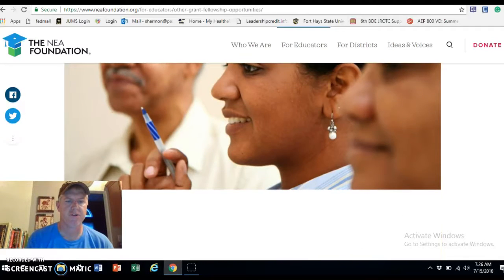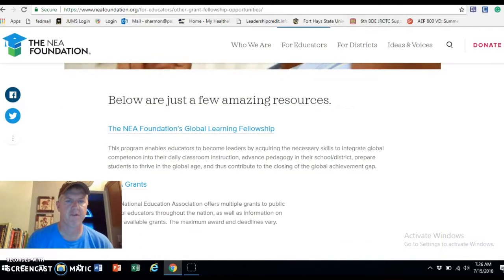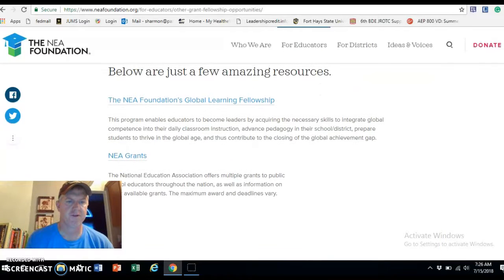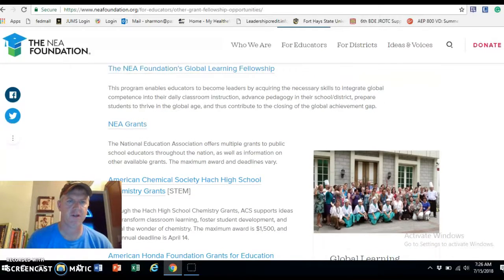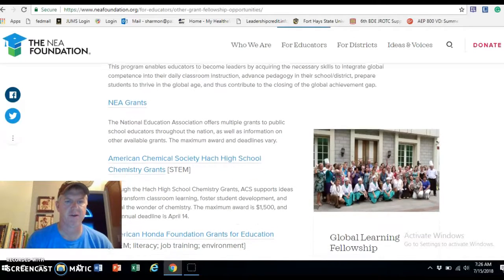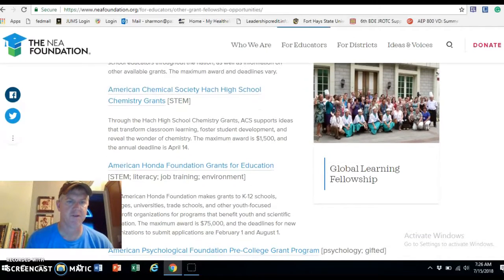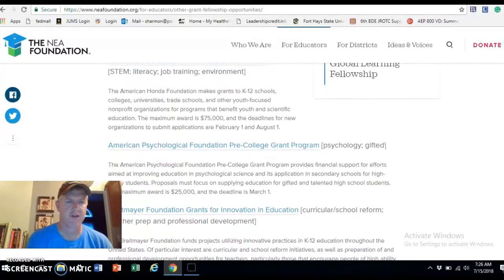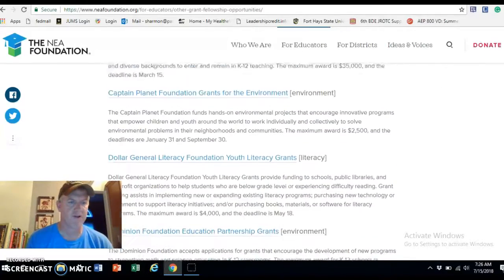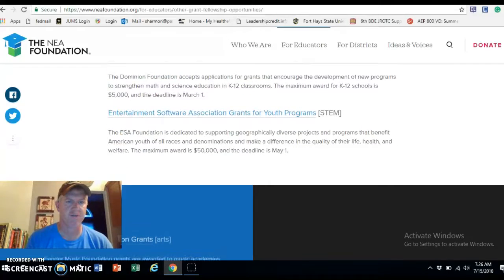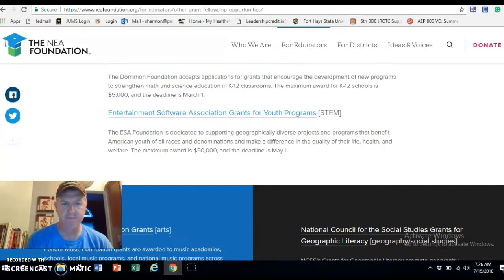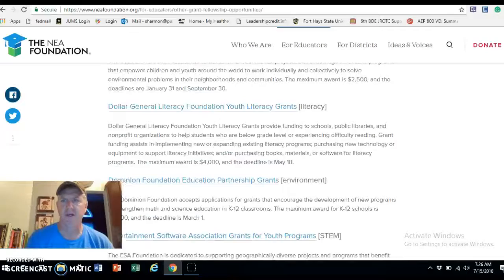And it actually gives you a list of a bunch of different grant resources you can click on. So there are their grants, obviously the NEA Foundation, but then there's the American Chemical Society, American Honda Foundation, and a whole bunch of grant resources on this page that you can try to go through to get your grant.